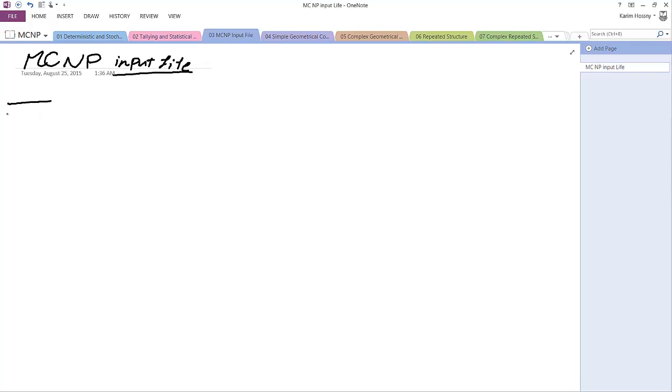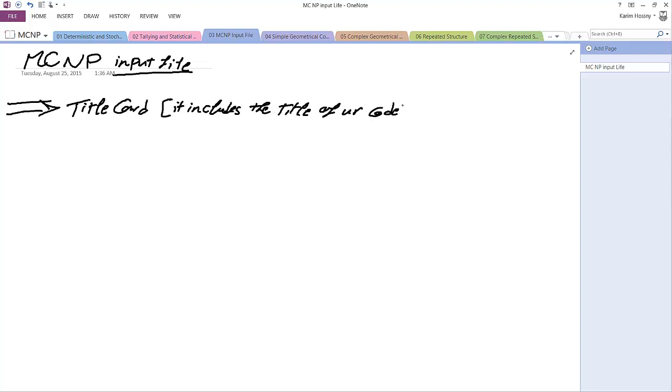The basic four cards of the MCNP input file are the title card, in which it includes the title of your code.